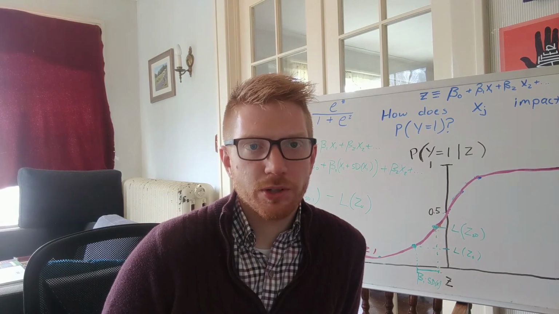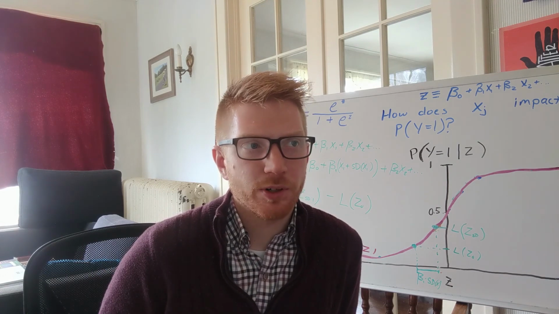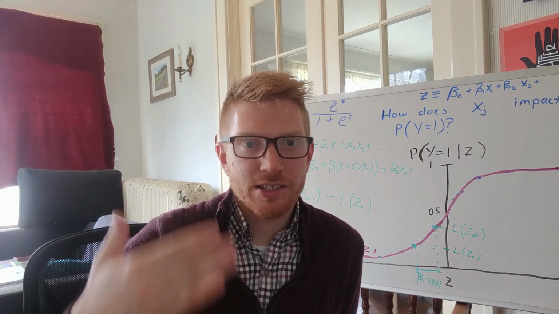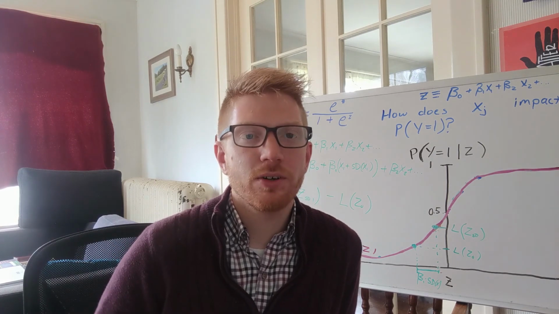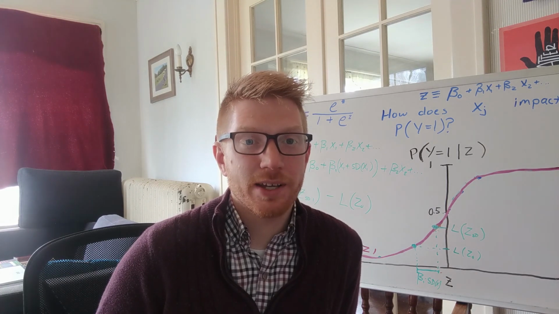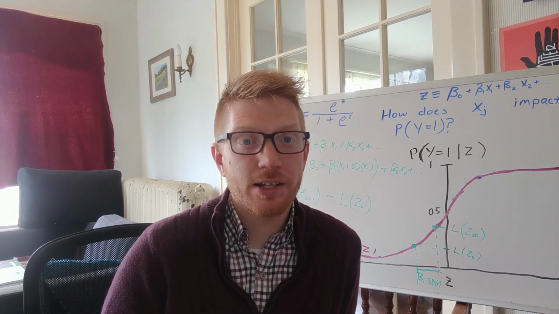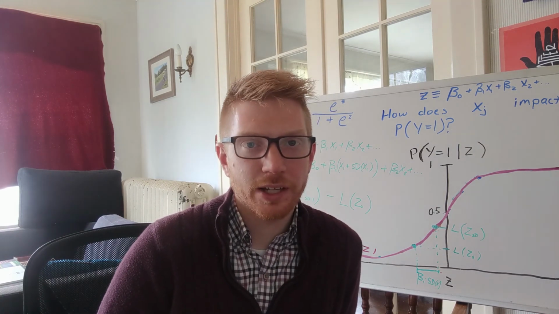Typically, I would also include the actual interpretation of beta somewhere in these lectures, that it is technically a change in the log odds ratio. I only teach that because some people refer to the betas, and I actually want to teach you why that's not a useful or helpful thing.